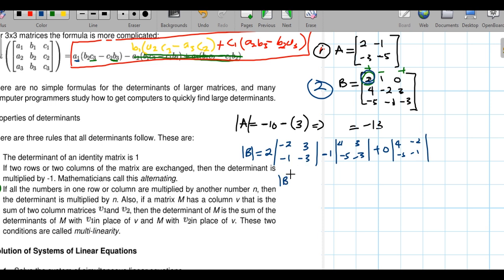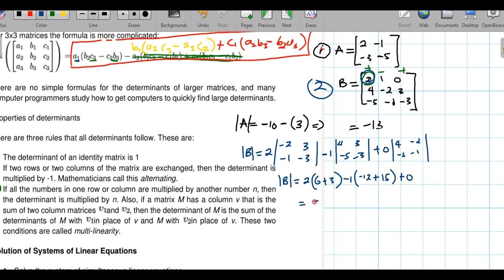So the determinant of B is going to be equal to 2 into, let's open this now. This is going to be 6 plus 3, minus minus. Then we have minus 1 into minus 12 plus 3 multiplying minus 5, then minus again, that's going to be 15, then this is plus 0.